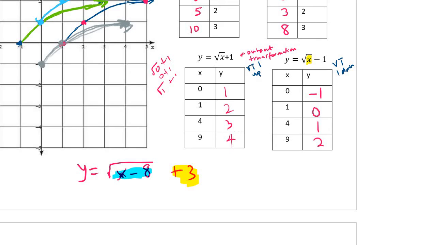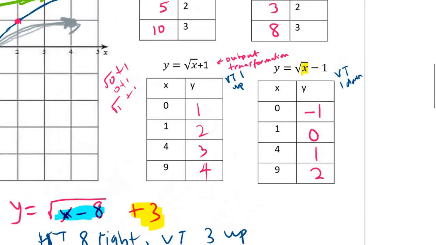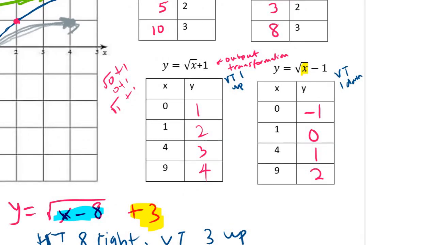So in this case, it's moving 8 to the right. So it's horizontal translation 8 right because of the minus 8. And then vertical translation, 3 up. For vertical translation, if it is plus, that means up, like we found over here. Let's annotate that.